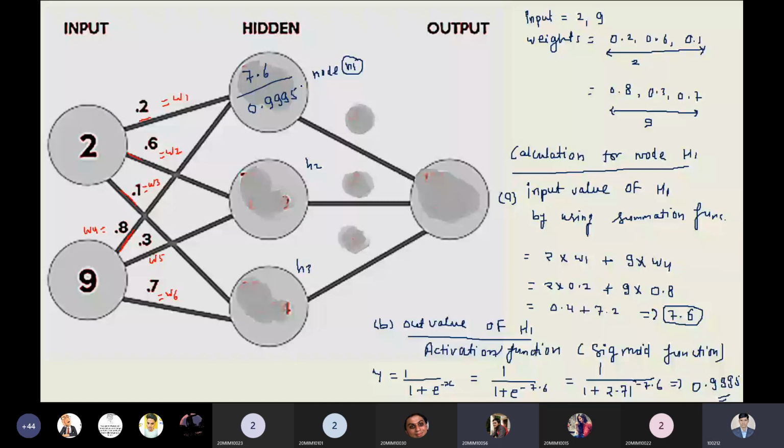Okay, so other students are required to calculate all these values. Just tell me how we are getting all these values. Calculate the H2 and H3 values, in and out values, and tell me. I am giving all of you 10 minutes. Within 10 minutes, you can solve it.